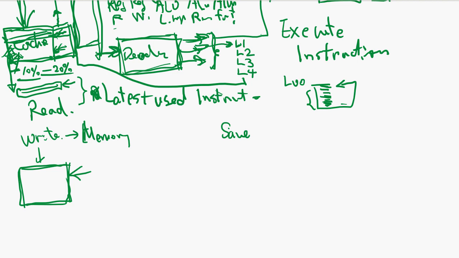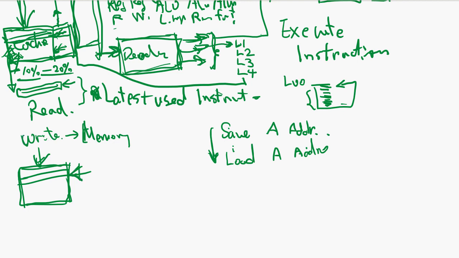Like save data A to an address, right? And next time, a few instructions later, load A from this address. Okay, so you save it in memory and bring it back again, and it's just wasting time. So you put this data into the write section of the cache, right? Then you can use it again. The problem is this data is not in the memory.